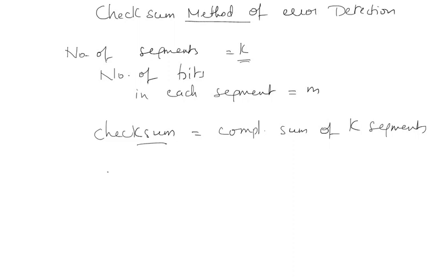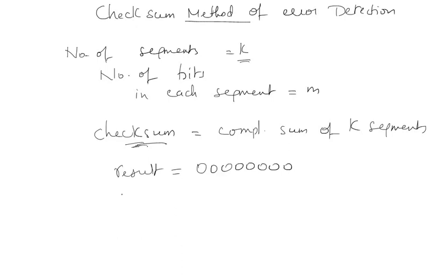Now at the receiver, all of the received segments are added using the same method which we used at the sending end, that is, the ones complement arithmetic. Then we get the sum, and again the sum is complemented. If the result after adding the checksum with the sum is all zeros, then we can say that there is no error in the received data.